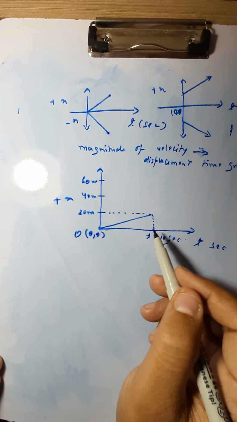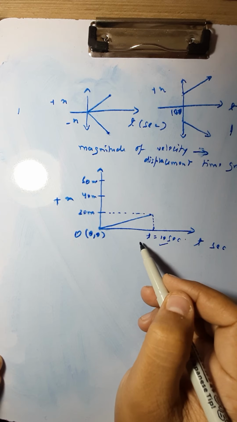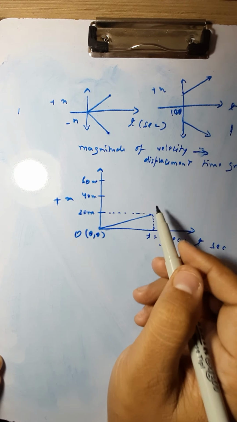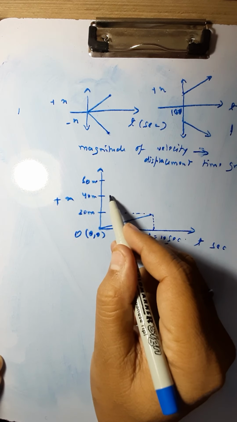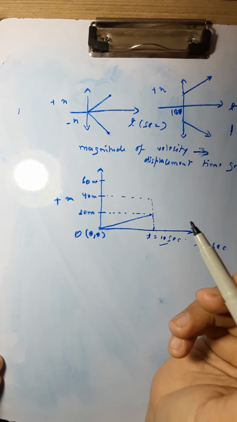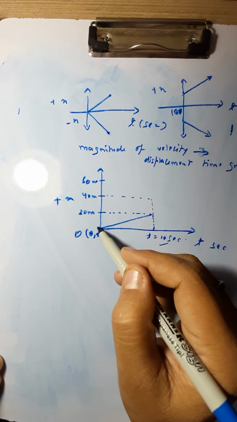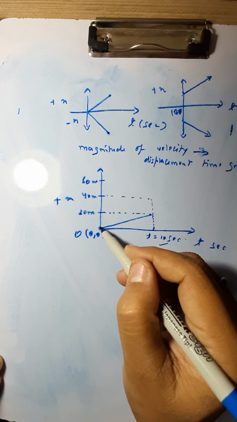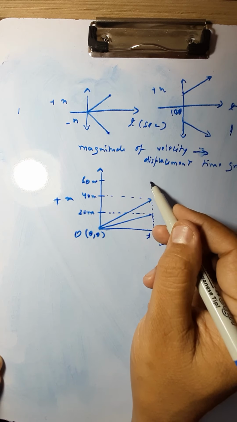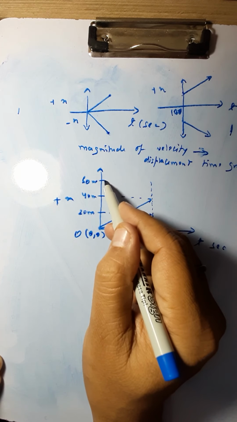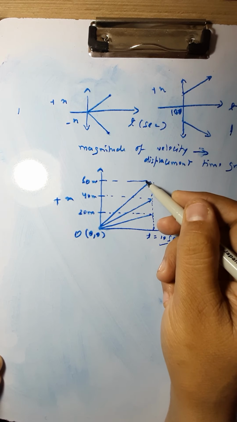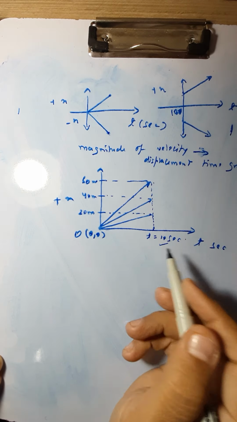Okay, so suppose this time the particle covers 40 meter in 10 seconds, by increasing the magnitude of velocity. So this graph would be like this. Similarly, for 60 meter, this graph would be like this.